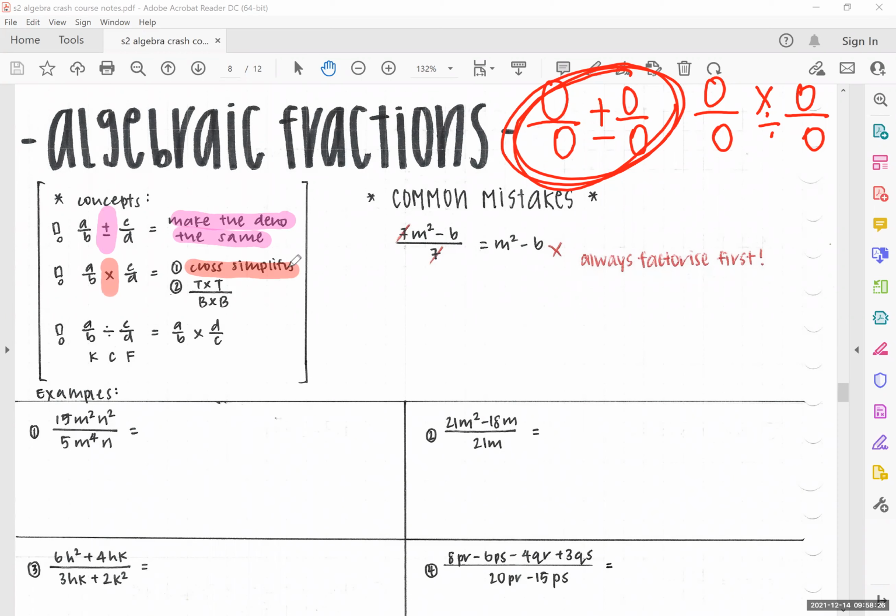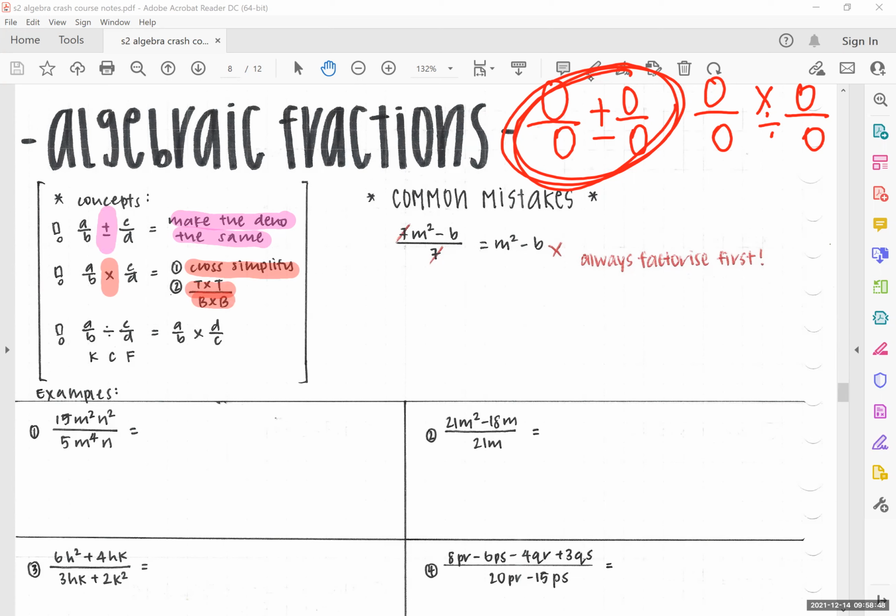Simplify one numerator with one denominator. Then ultimately you take top times top, bottom times bottom. This TTBB means top times top, meaning numerator multiplied by numerator and denominator multiplied by denominator. But I just call it top and bottom.